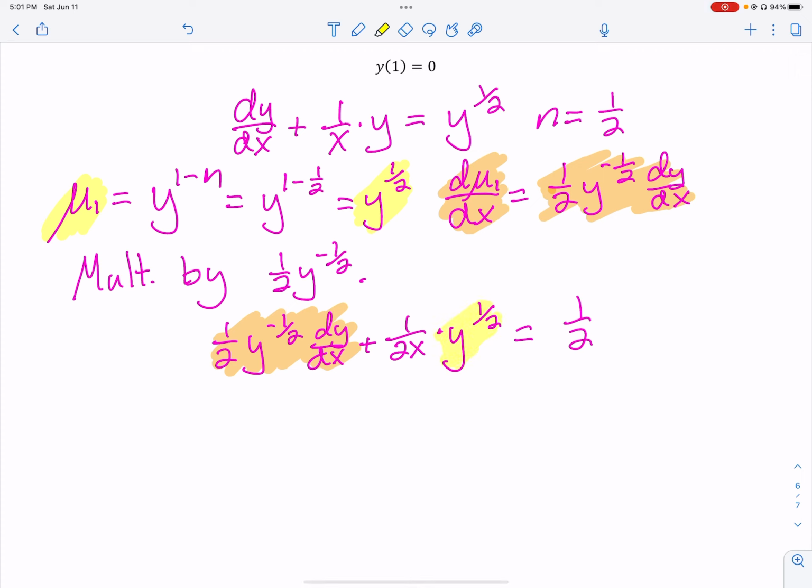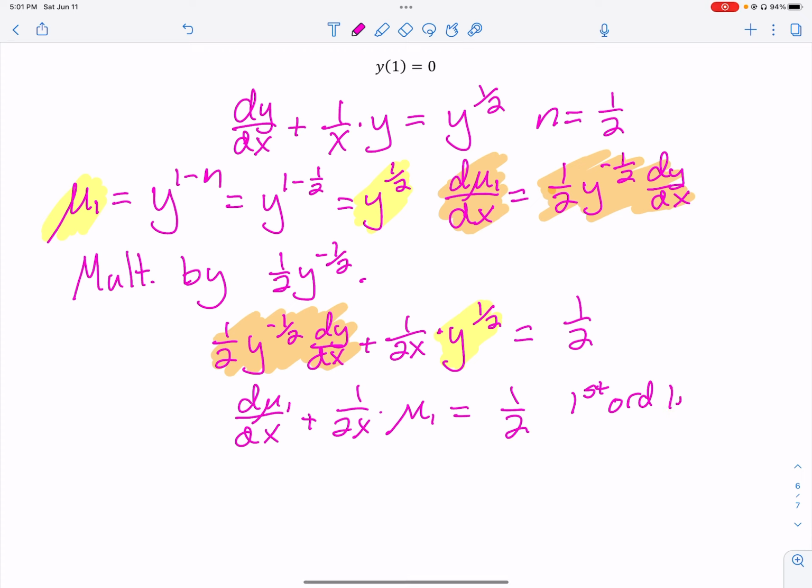We're going to replace. So I replaced that first thing with d mu1 dx plus, I still have 1 over 2x times mu1 equals 1/2.